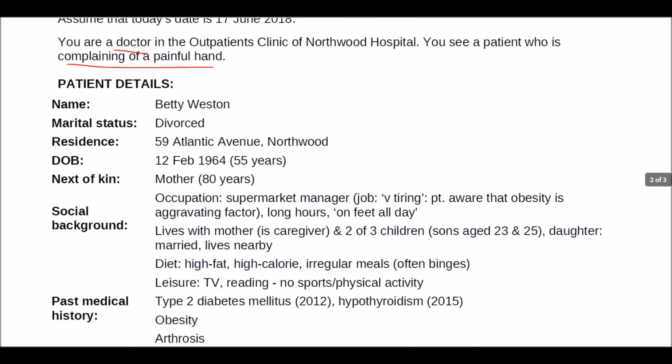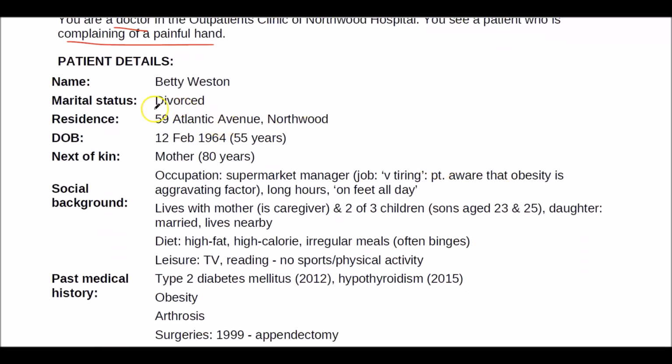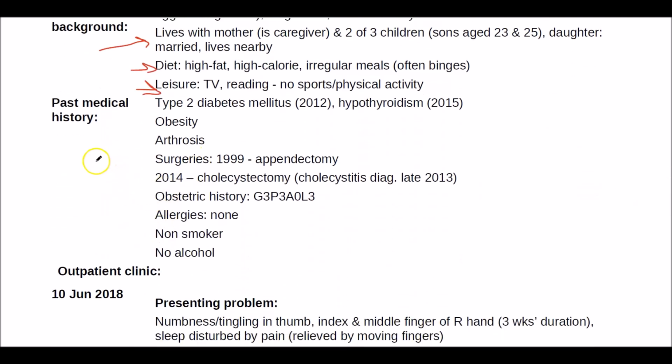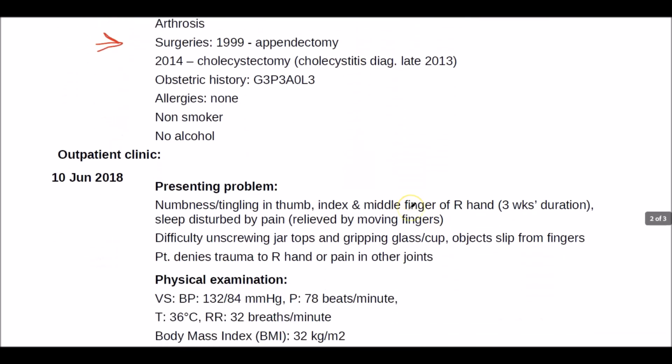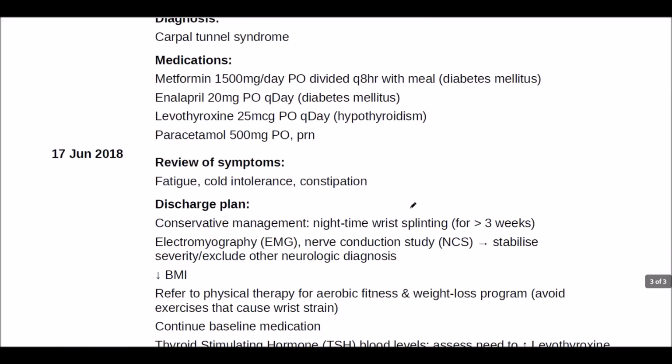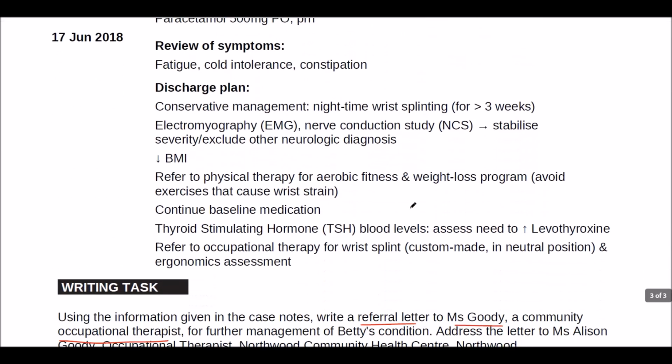But if we look at these notes, there's quite a lot of stuff that we don't need. We don't need this, we don't really need that, we don't need that. There's quite a lot of stuff here that is not going to be relevant to the reader. You can see there's quite a lot here that the reader does not require.